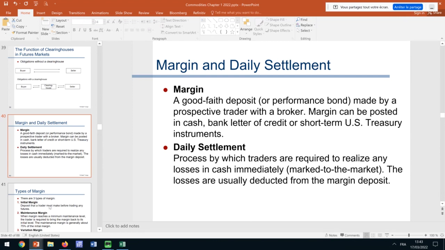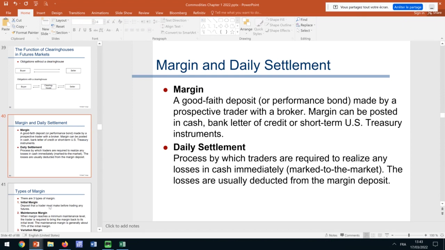And if you do some statistics about price movements, and we have to talk about this, about the highest price movement that we can get, you can calculate how much margin you have to deposit, so that with very high probability, any loss that will occur over one day is covered by the margin.